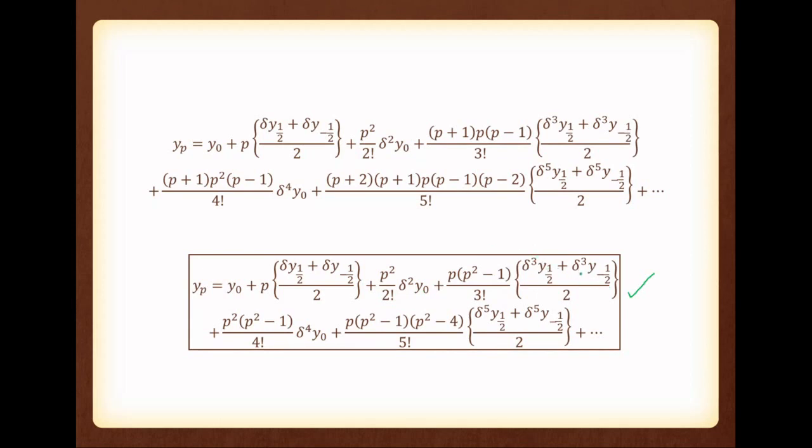So you can see this is the average of delta cube y at 1/2 and delta cube y at minus 1/2. Again that y0 term, that is delta raised to 4 y0. Again the average of y at 1/2 and y at minus 1/2, because this one is an odd term. So we have the average of delta raised to 5 y at 1/2 and delta raised to 5 y at minus 1/2. So like that way the y term will go.